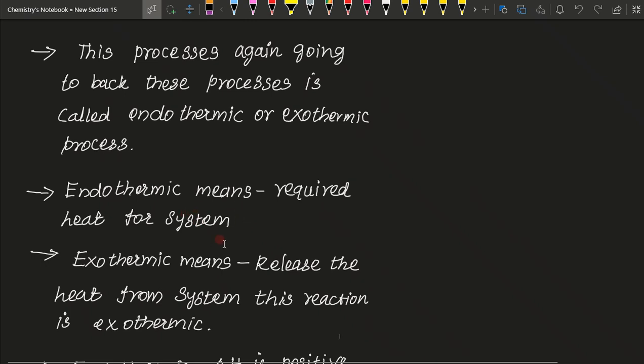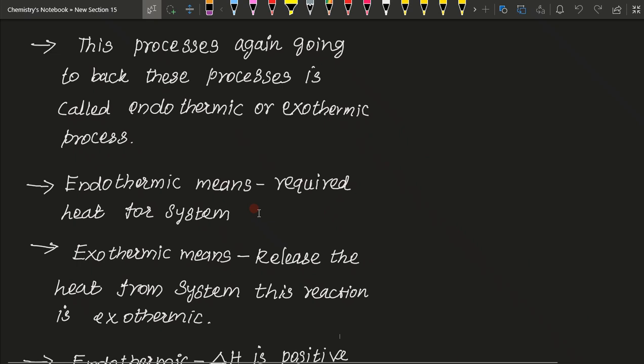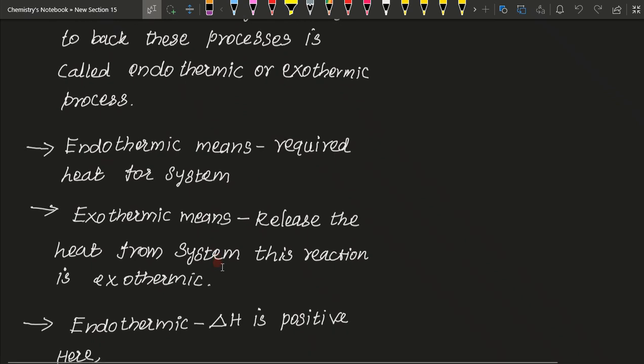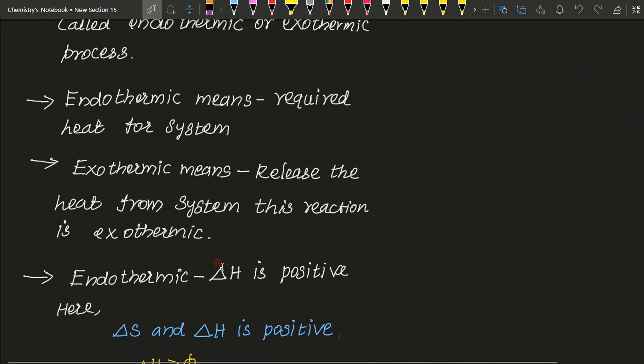Here system means the quantity of mass or any object like that, that is called a system. So exothermic means release of heat from the system. This reaction is exothermic.